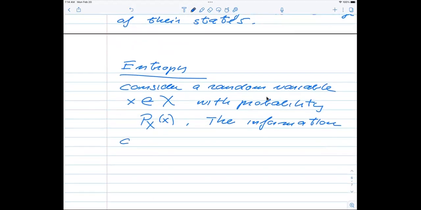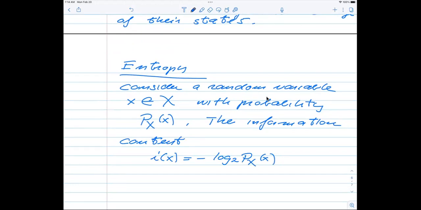And the information content of a specific realization of x is something which we could define as a function I of x, and that's given by minus log, and this is a log 2 of this p of x here. So why did we choose this specific function to quantify information?